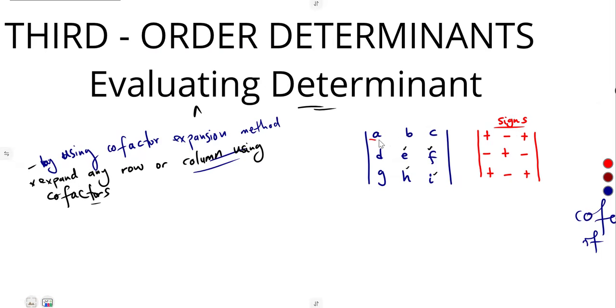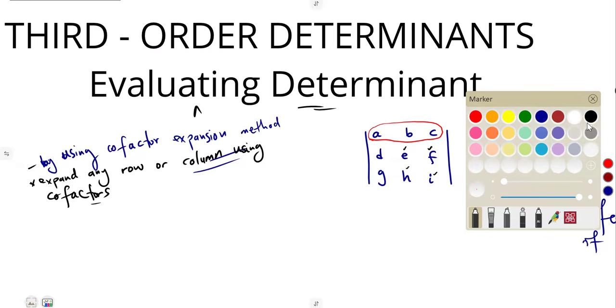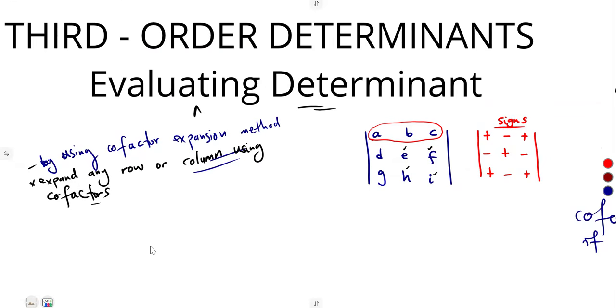If you take this row, let's say for an example, I'm using this row. You expand using this row. It means our determinant of the given matrix will be equal to: you expand by each element.